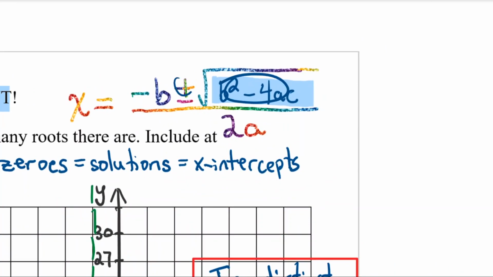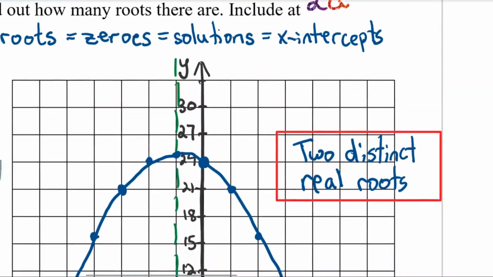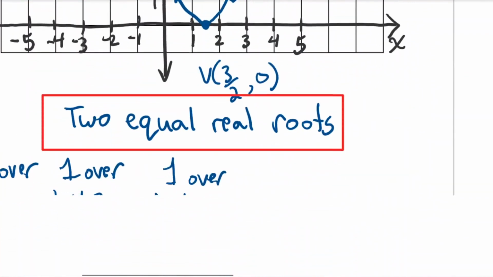When I go plus 0, minus 0, it's not going to change the answer, right? I'm going to have negative b over 2a is going to be my answer because I'm plussing 0, minusing 0. Both of those results are going to yield the same value of whatever negative b over 2a is. So that is why we get 2 equal roots in that case.